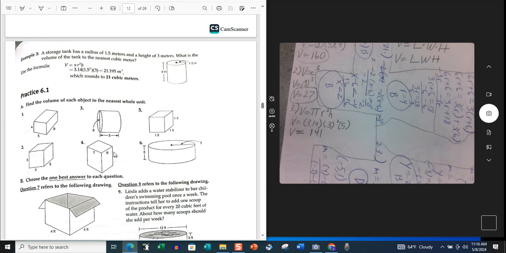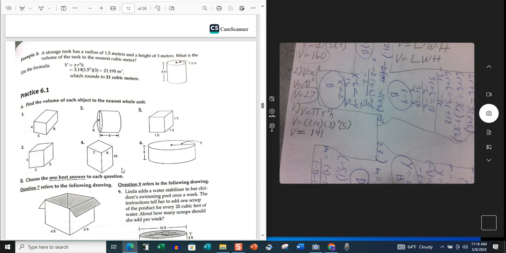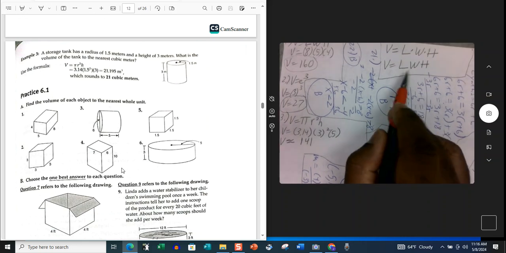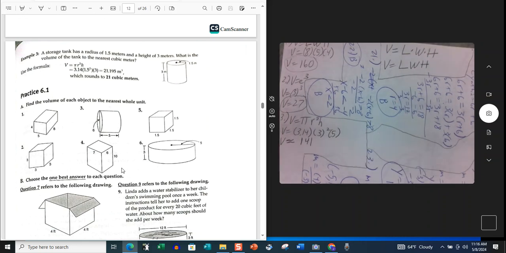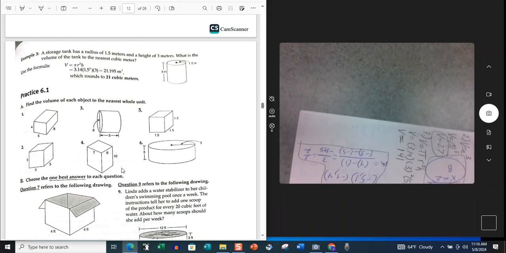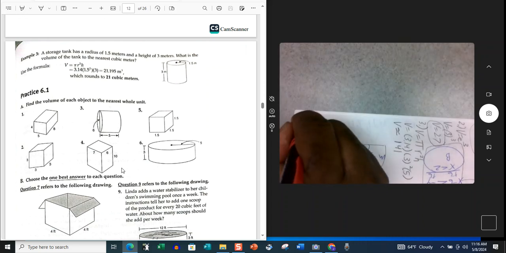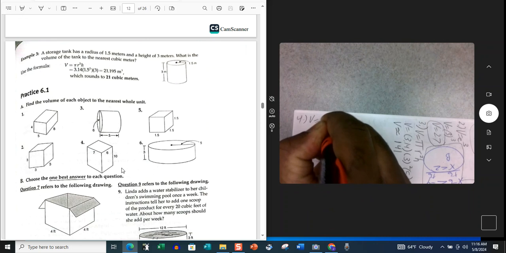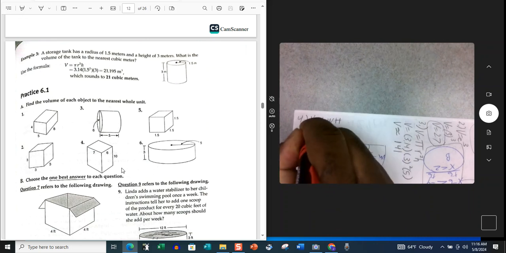Okay, now we look here. This is also a rectangular prism. So for number 4, we will use the same formula we used for number 1, which is the length times width times height. So the volume is equal to length times width times height.